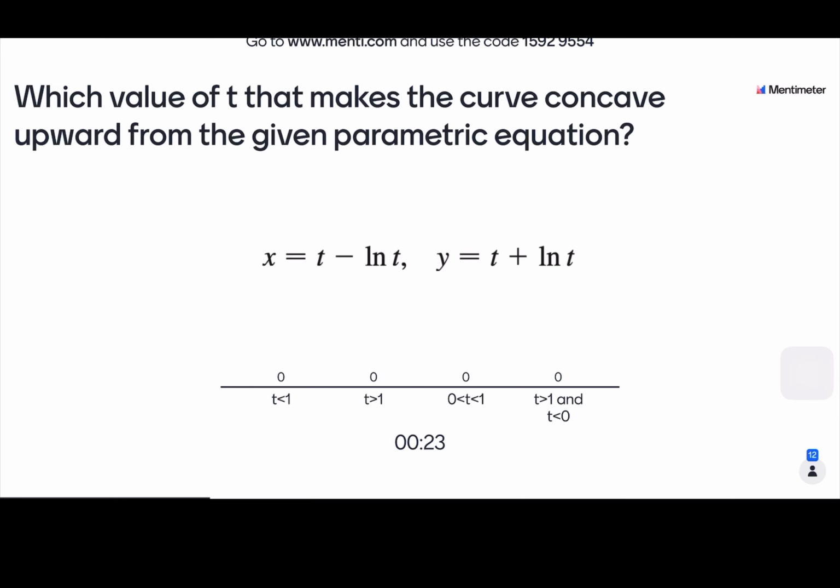Remember, in parametric, you need to be careful on the second derivative. Second derivative, be careful to derive.